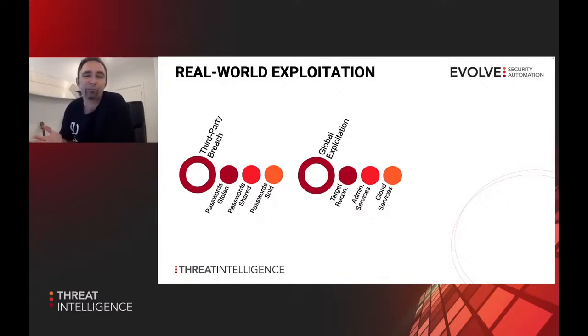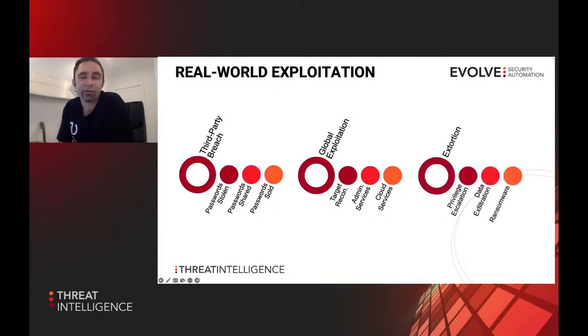They're searching for administrative services exposed on their systems, as well as their cloud services, which might be your email or your cloud providers, and trying to use those credentials simply to log in. And then again, it goes on to the extortion phase where they're doing privilege escalation, data exfiltration, deploying malware, and extorting you for typically anywhere between $4 to $10 million in most cases.